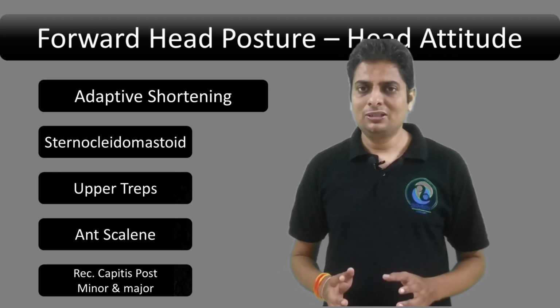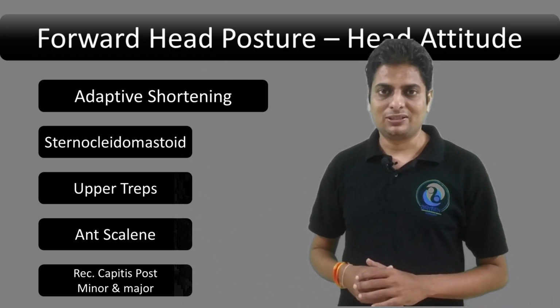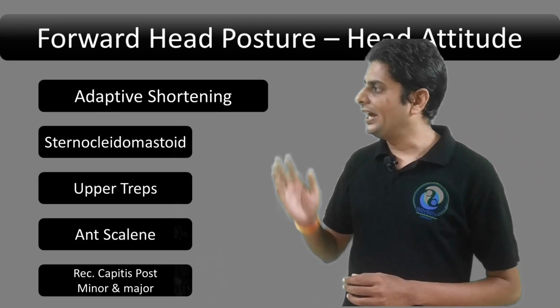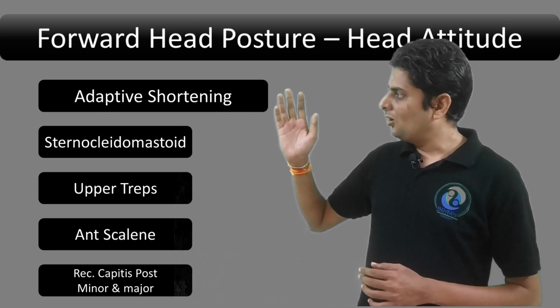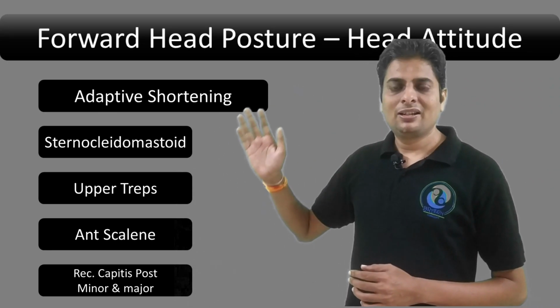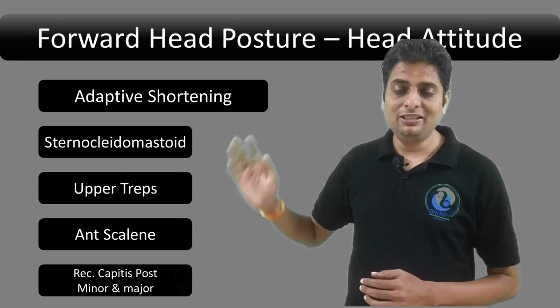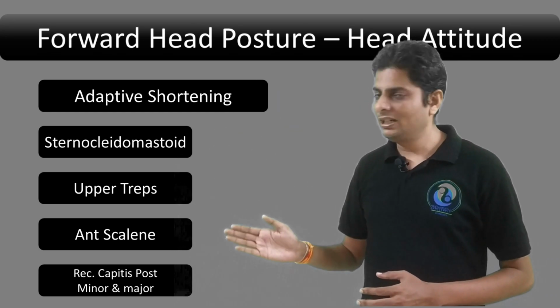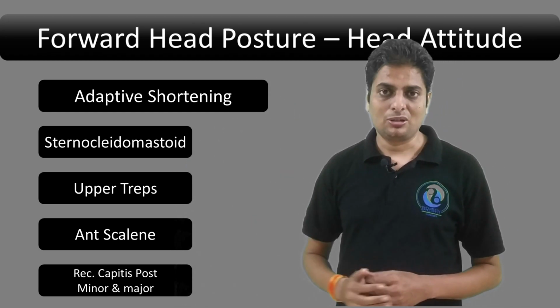First of all, obliquely oriented muscles: sternocleidomastoid, upper trapezius, anterior scalenes, obliquus capitis superior, rectus capitis posterior minor and major. These are the muscles obliquely oriented and get adaptively shortened.